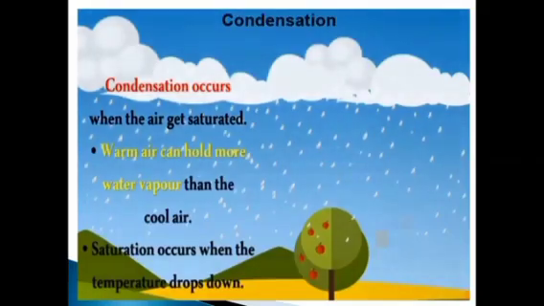Next, let's see about how the condensation occurs. Condensation occurs when the air gets saturated. Warm air can hold more water vapor than the cool air. Saturation occurs when the temperature drops down.